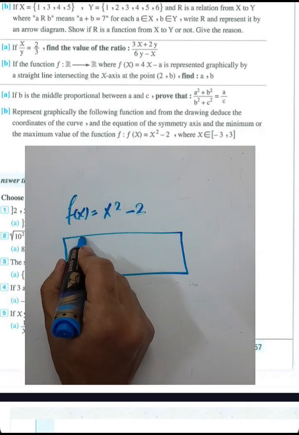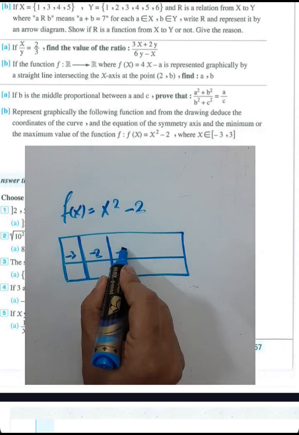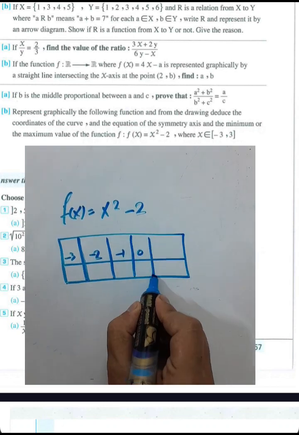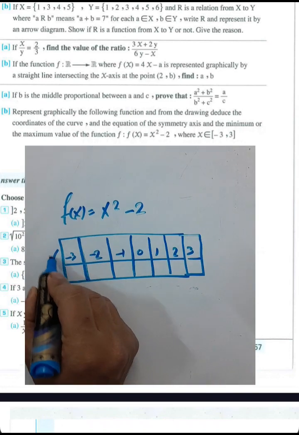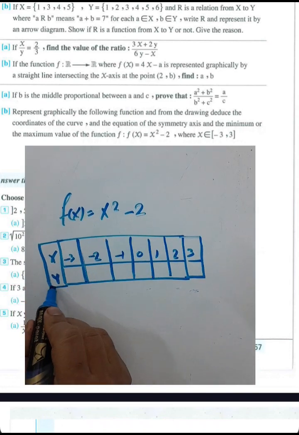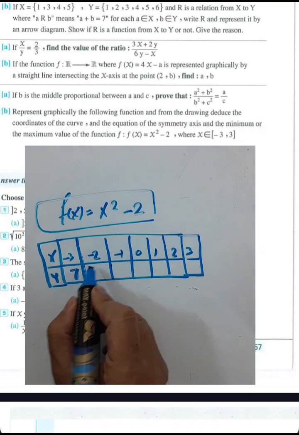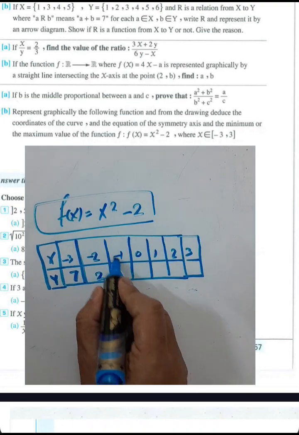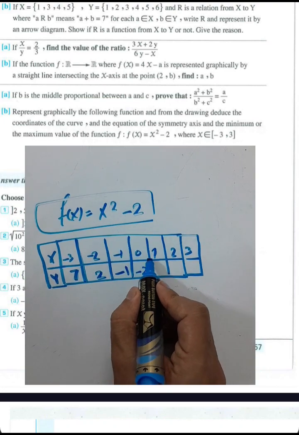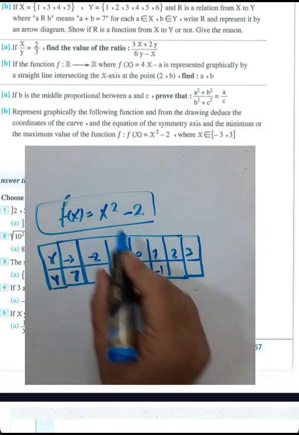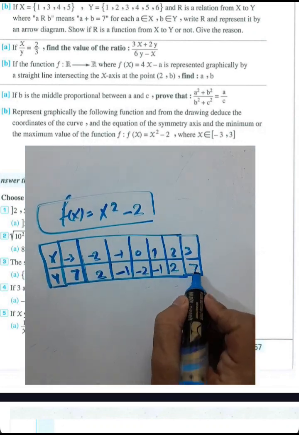You can write -3, -2, -1, 0, 1, 2, and 3, x and y. In this function, -3 squared is 9, 9 minus 2 is 7. -2 squared is 4, minus 2 equals 2. -1 squared is 1, minus 2 equals -1. 0 gives -2. 1 gives -1. 2 squared is 4, minus 2 equals 2. 3 squared is 9, 9 minus 2 equals 7.